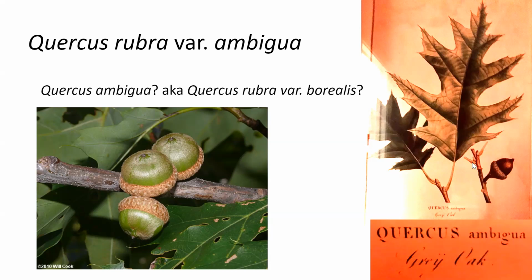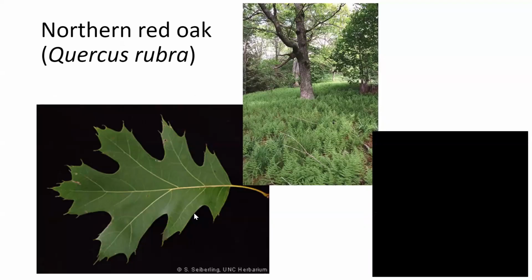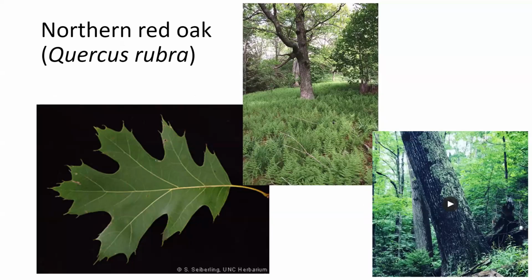You can also see that the acorn caps are a little bit deeper with more of those overlapping scales. So that's another difference between species. So they think that it's at least a variety and possibly another species. This is the classic Quercus rubra here with the leaf.